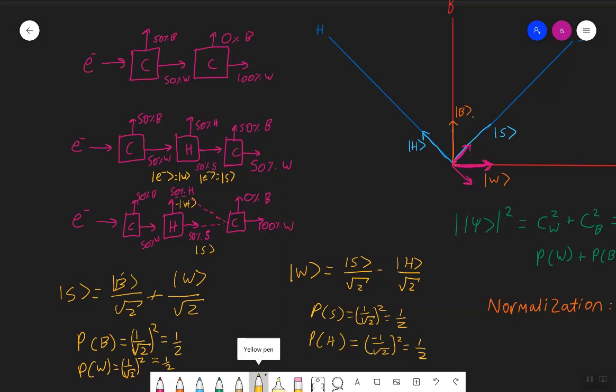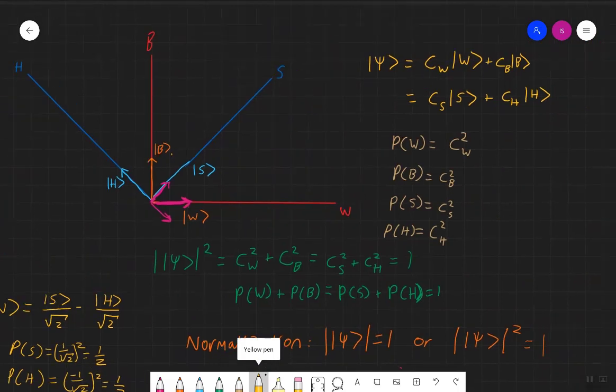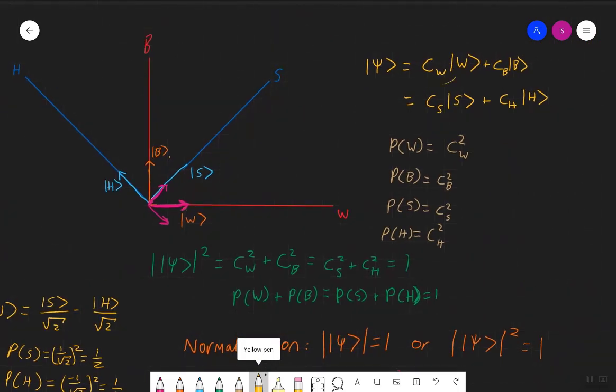Now I'm going to talk about one more word here, and this will be the last part of this video, which is superposition. A superposition is being in a combination of these two states. So, for example, when we write psi with these coefficients, this is writing psi as a superposition of being white and being black.